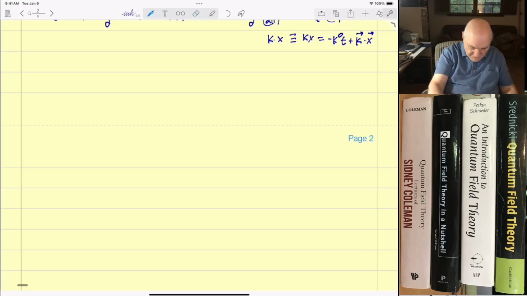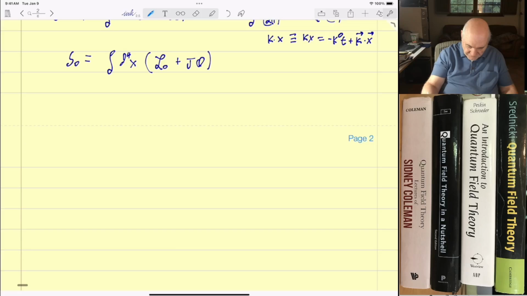The free action is given by the integral of d^4x of the Lagrangian density plus the source term times the field. These are both functions of x, so I probably should write it as J of x, V of x.